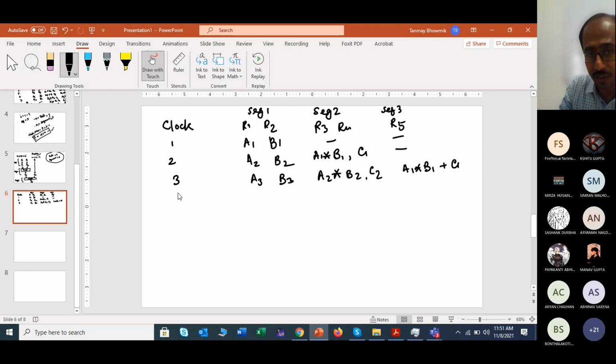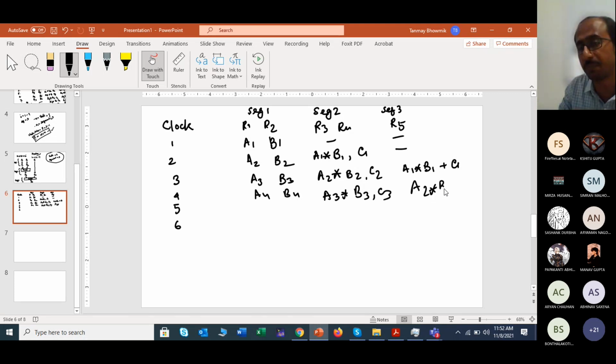Now if you go further, 4th pulse, 5th pulse, 6th pulse. Here also you will take the other data like A3, B3. The next data will be A4, B4. Here it will be A3 multiplied by B3. Here it will be A2 multiplied by B2.